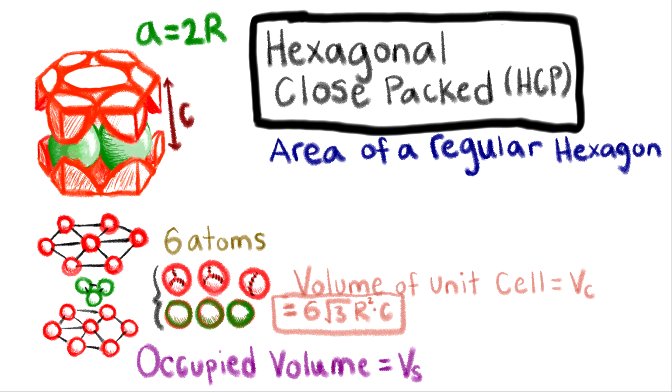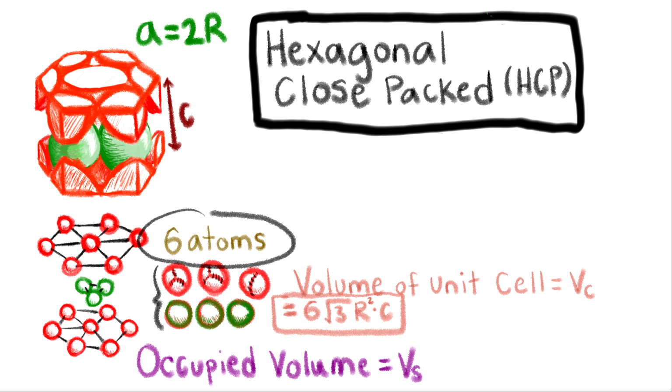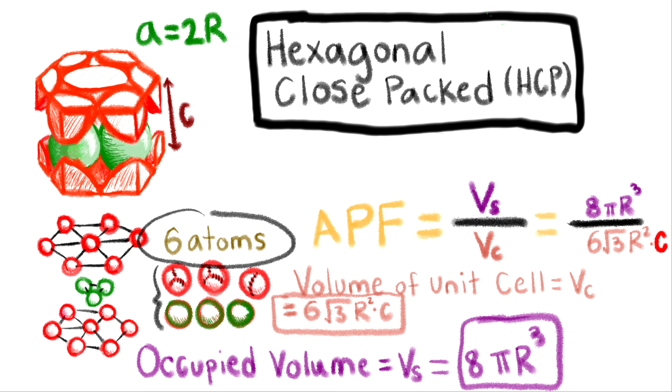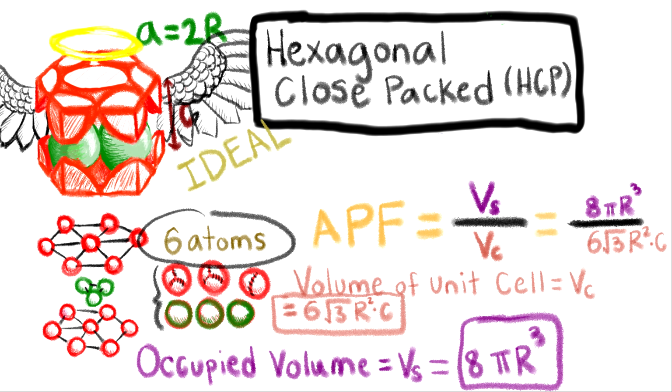Finding the occupied volume is no different from finding it for the previous 3, though it will come out to the greatest magnitude from the 6 atoms in the cell. Without a value for cell height C, there is no way to find the atomic packing factor and verify if HCP shares the same packing value as the face-centered cubic. In the ideal HCP cell, however, a relationship between C and A has been experimentally determined.